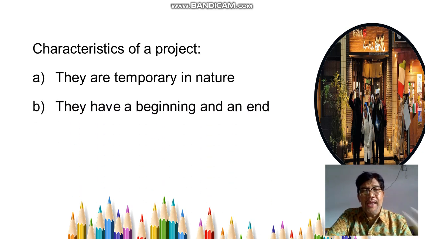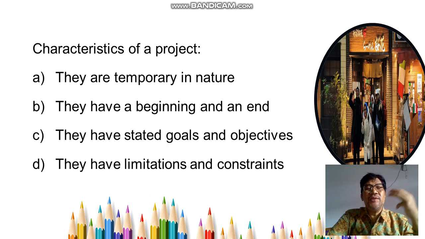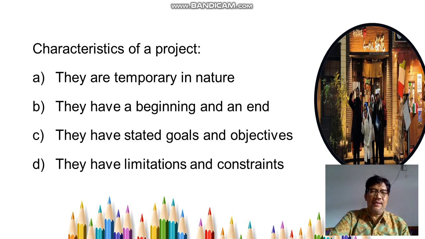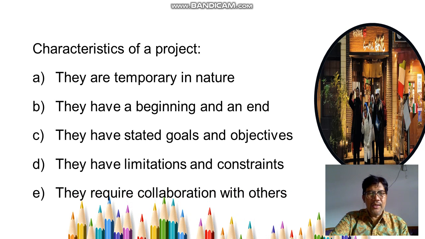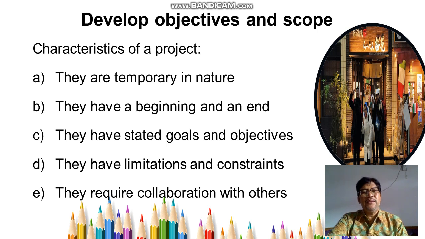They have a beginning and an end. They have stated goals and objectives. They have limitations and constraints. They require collaboration with others. This is develop objective and scope, for the characteristics of one project to another.